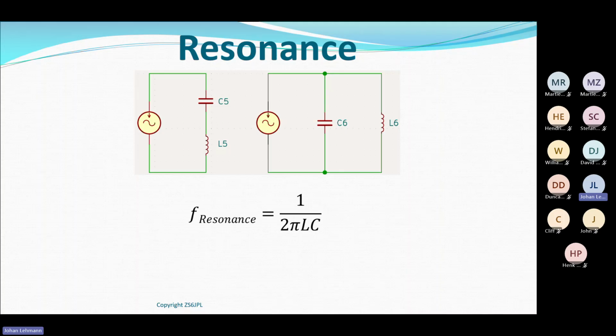Remember your lecture on inductors. Inductance is measured in henries. Capacitance is measured in farads. So that's the magic formula with which I can determine where these two components will be in harmony, and they will be in resonance to exchange the energy that you want between them.